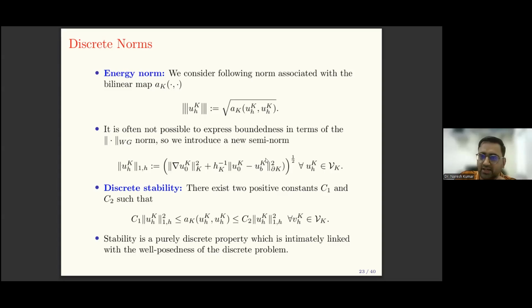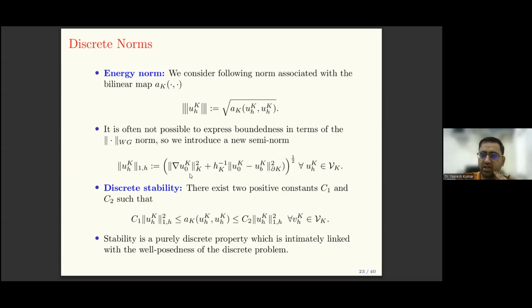And sometimes it is not possible to express the a priori bounds in only a single norm. So that's why we need some other norms also. For that purpose, we define a new semi-norm also, where this part comes from the bilinear part, and this part comes from the stabilizer term.